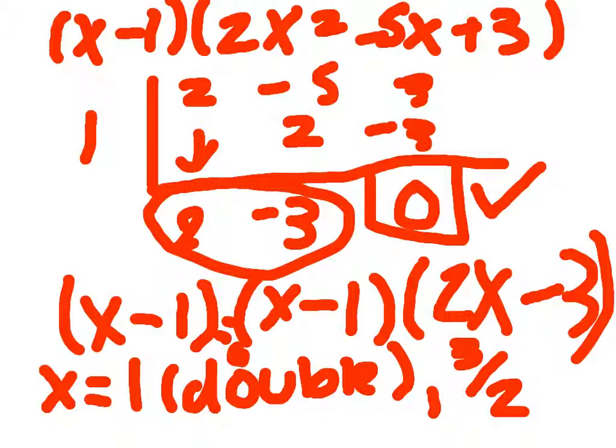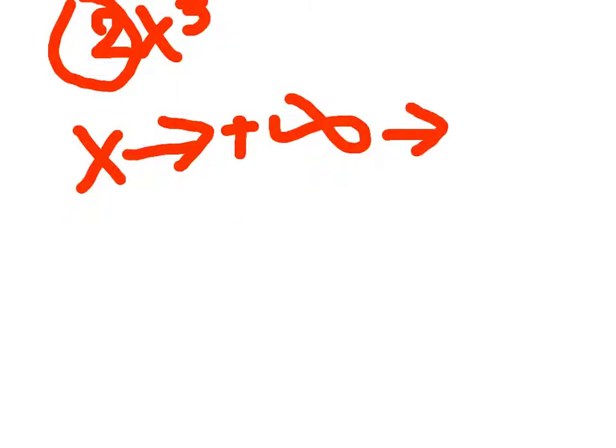Now we have to state the end behavior. To state the end behavior, we look at the leading term, which is 2x to the 3. As x goes towards positive infinity, if you insert a positive number into x to the 3, you still get a positive number, and times 2 is still a positive number.